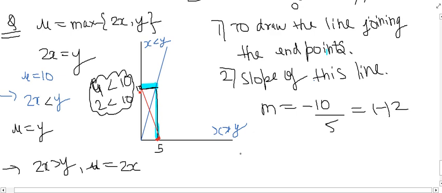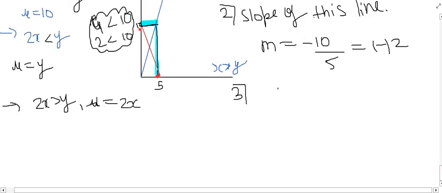Now we have to calculate the price ratio as given. If the price ratio is less than the slope of this red line, that is, 2 is greater than the price ratio, then our budget line would be flatter than this red segment.